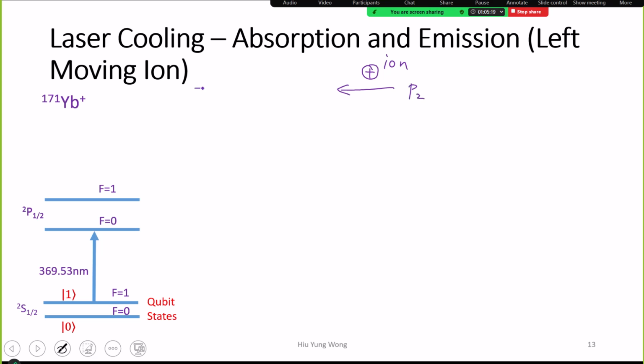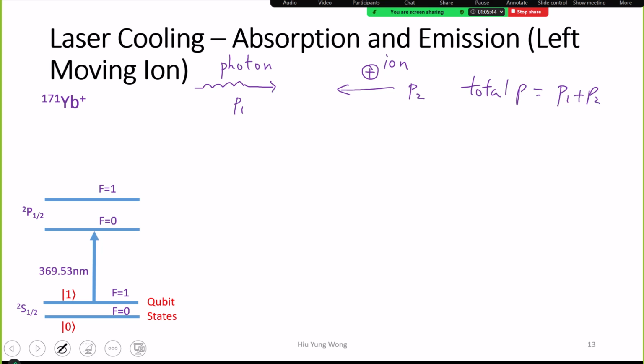And at the same time, there is a photon with the right frequency, coming from the right, it also has a momentum, P1. Then what is the total momentum of the system? Of course, it's P1 plus P2, right? One of them is positive, one is negative.